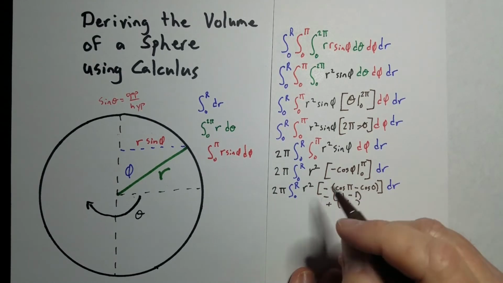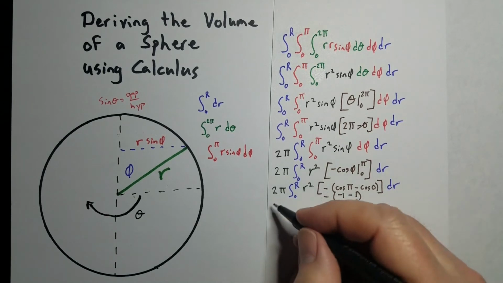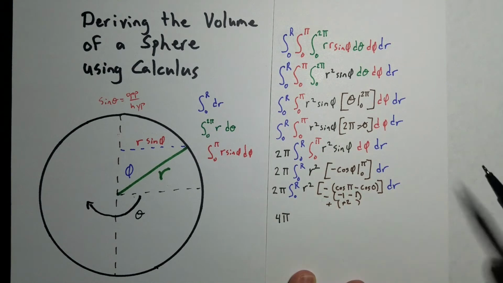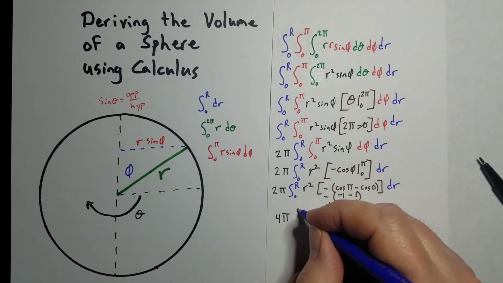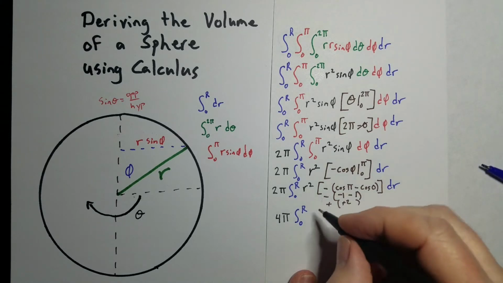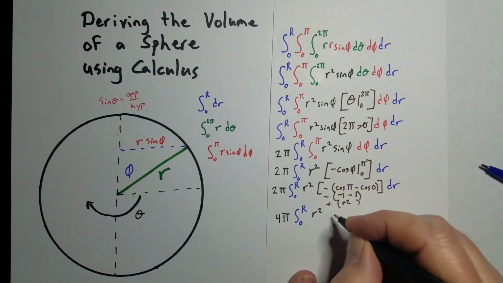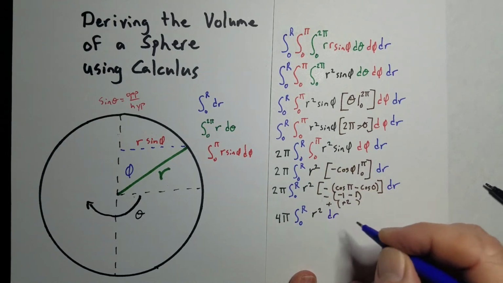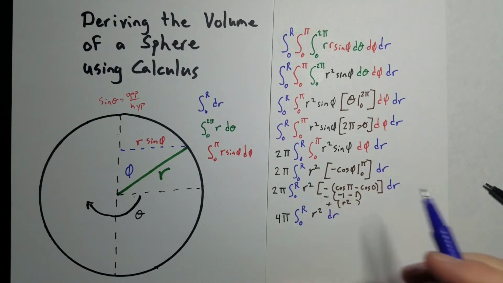So we're going to bring that 2 on the outside. So 2 times 2 pi is 4 pi. Here go from 0 to r of r squared dr. Now we got to take the integral of this.